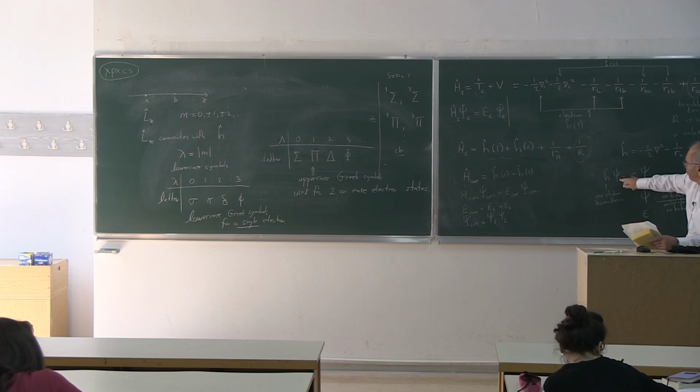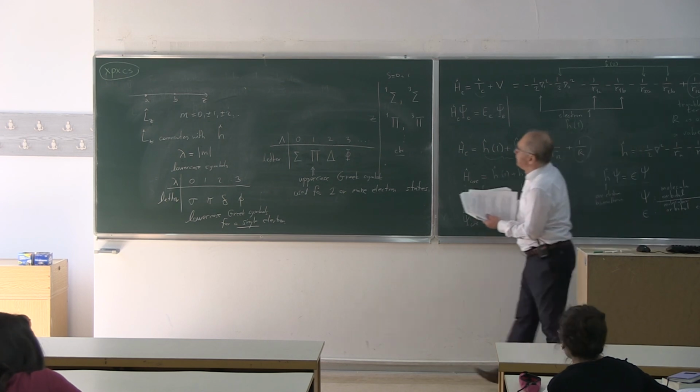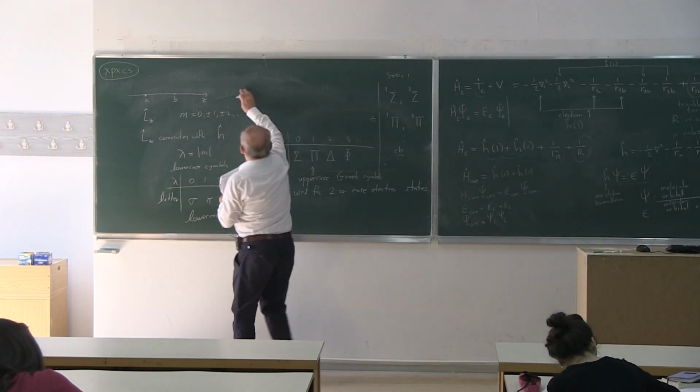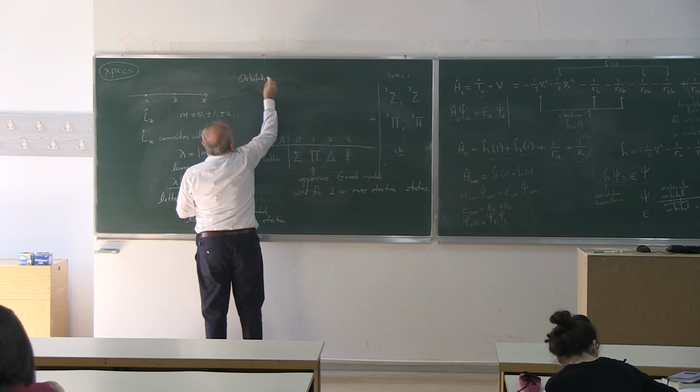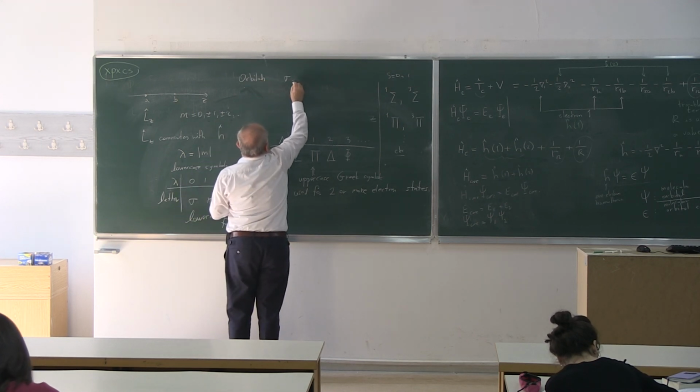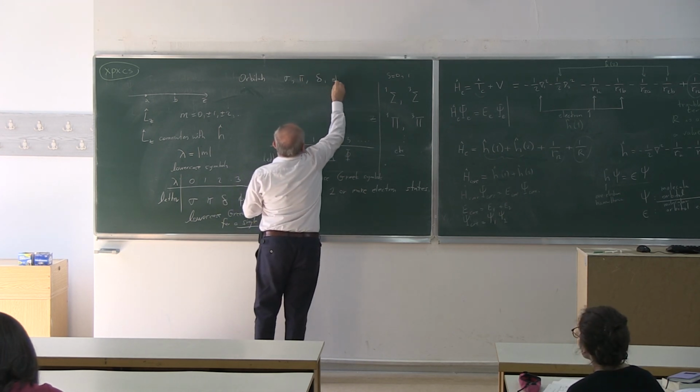So each orbital has symbols sigma, pi, delta, etc.